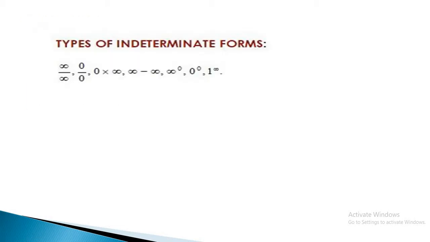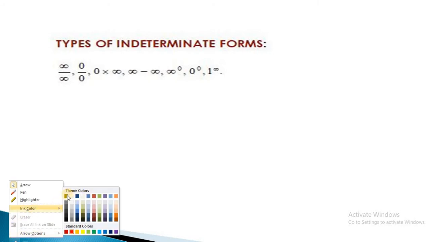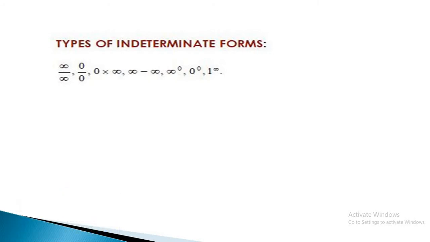First, while dealing with the limit of a function of the type f of x upon g of x, we always encounter limits of this type. Suppose the limit as x tends to 0 of sin x upon x. When I substitute the actual value x is 0, what do I get?